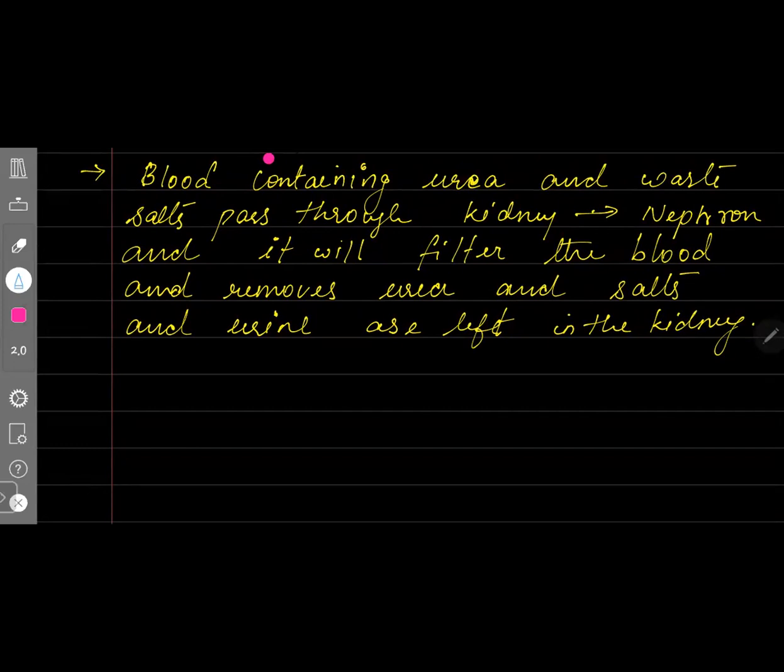The same way, the renal artery, renal means kidney, brings the blood from the heart to the kidney. The blood is filtered, all the waste material is removed, and the blood goes back to the body circulation.